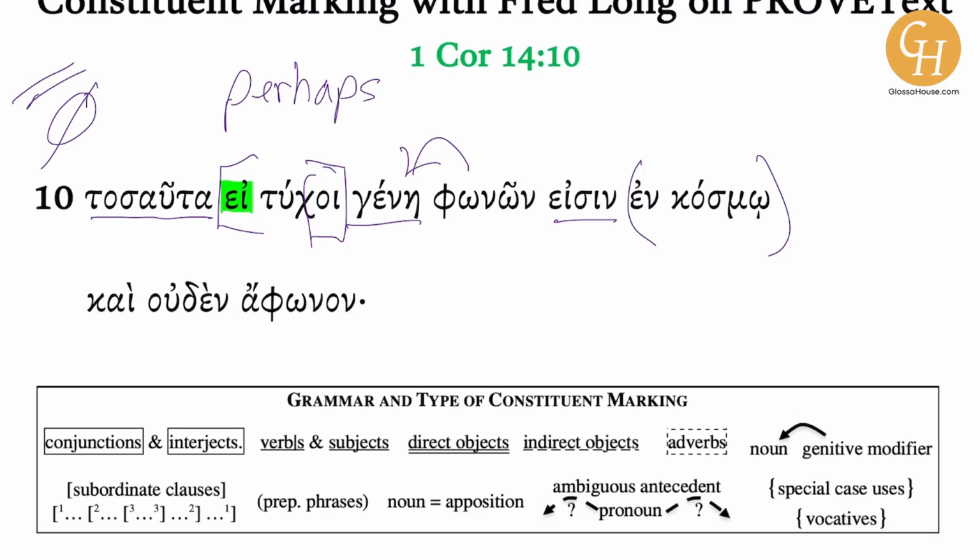Now the verb is from tunchanō. So this is a second aorist verb that has a different stem. So tunchanō means to happen upon, to occur or something like that. So if one happens upon.